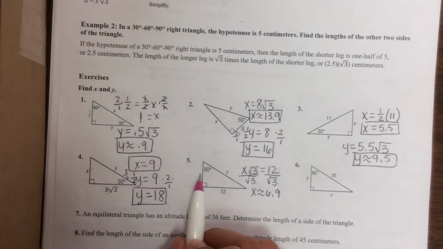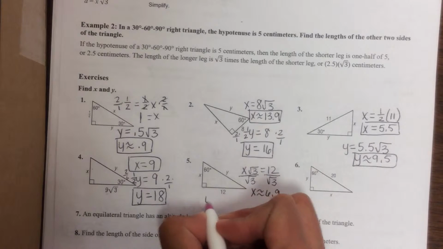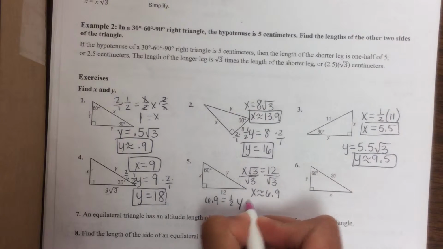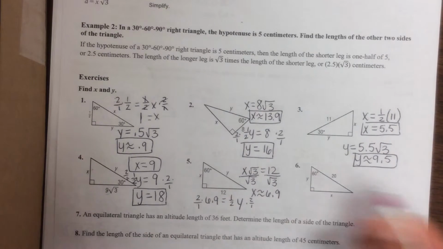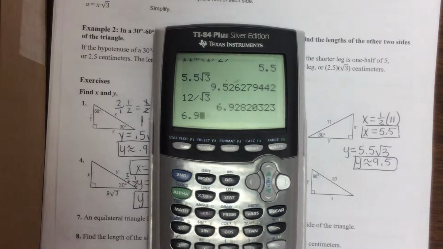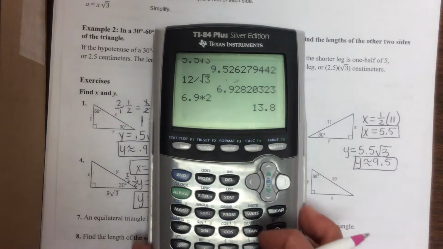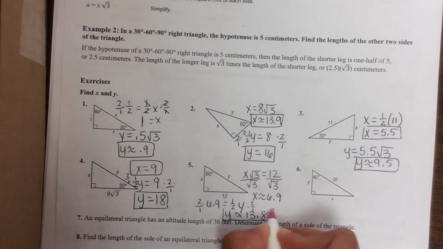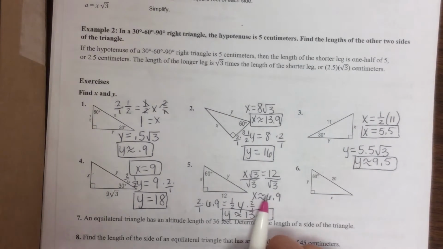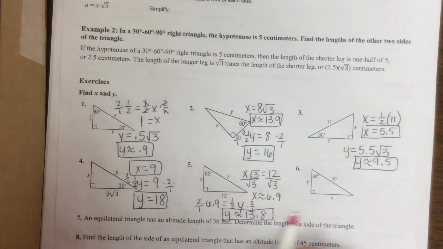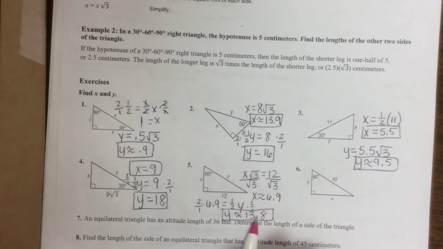Since we know what x is, we can now take our 6.9, set it equal to half of y, get rid of my half. That gives me y is equal to 6.9 times 2, approximately 13.8. And I'm doing an approximate measure here because I did round here. If you would have actually put in the entire decimal here, this would have actually been a bigger number. So I'm just approximating there on the 13.8.